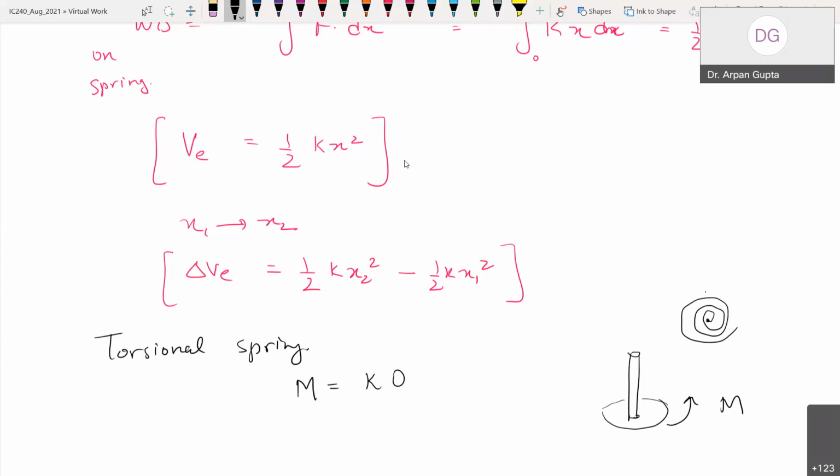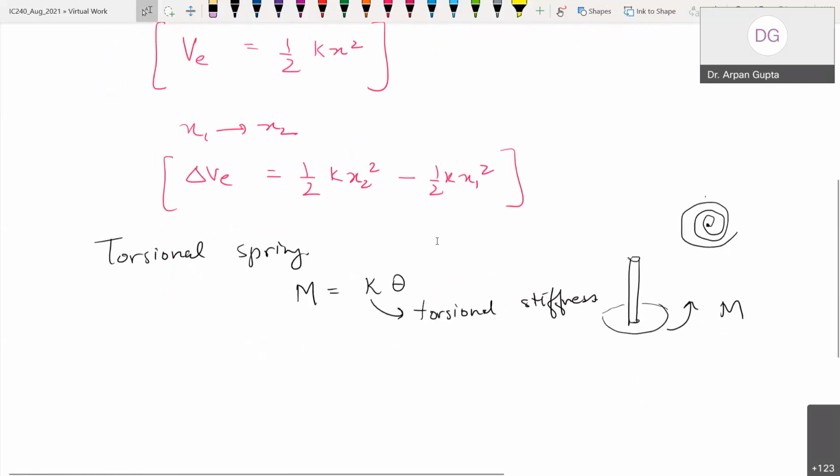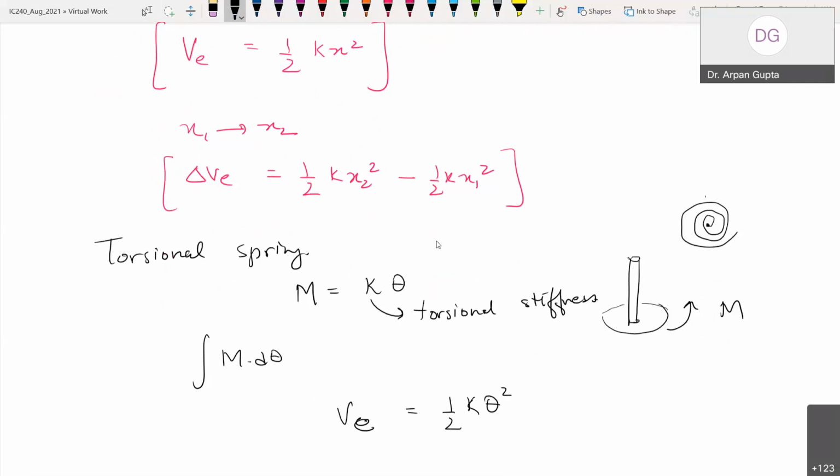So it is related to k times theta, where k is the torsional stiffness. So it is exactly parallel to the linear case. And again, if I integrate M dθ, your elastic potential energy for the torsional spring is going to be the same expression, half k times theta square. It's like half kx square was for the linear case. This time k is the torsional stiffness, times theta square.